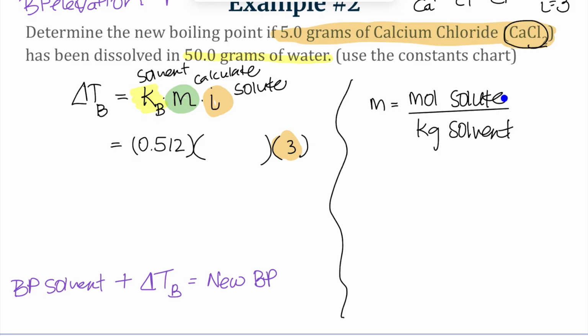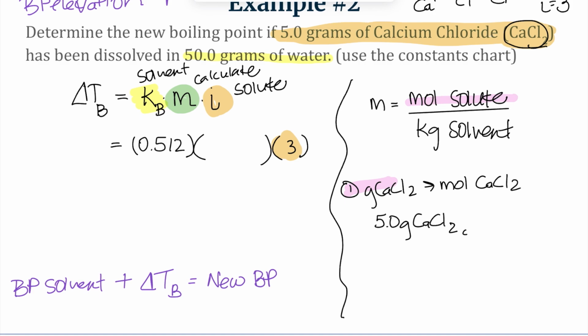All right, let's do our molality. If you want, go ahead and do this on your own. Moles of solute, we need to first go from grams of CaCl2 to moles of CaCl2, so that's a one-step molar conversion. 5.0 grams of CaCl2.